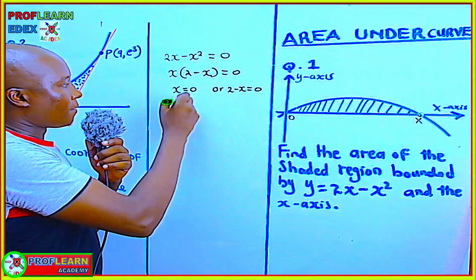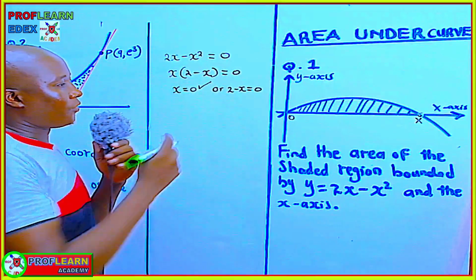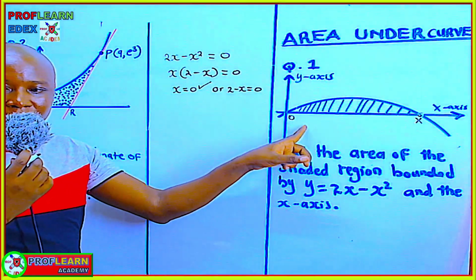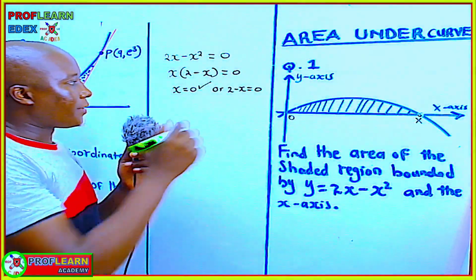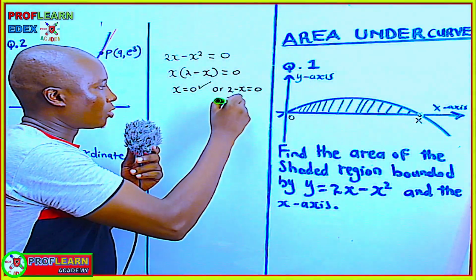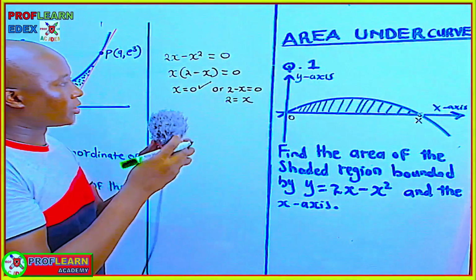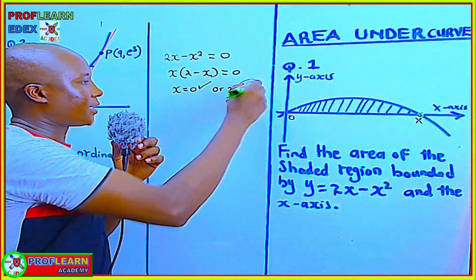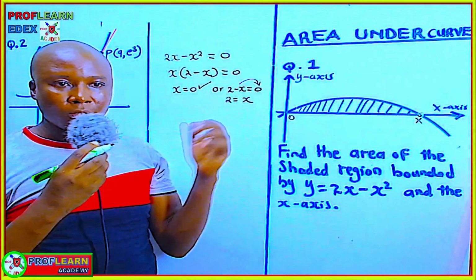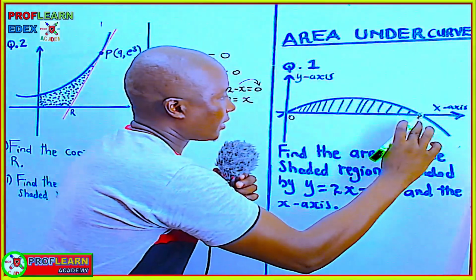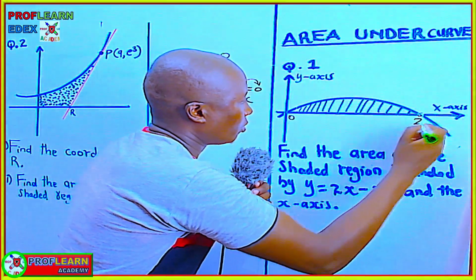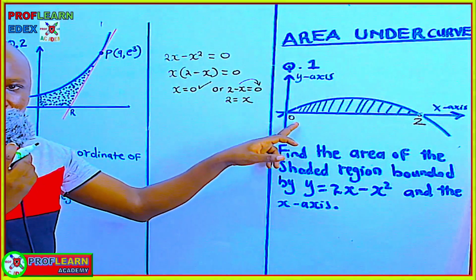So the first value of x is the value we have at this point, and the second value of x is 2, because if you take this x to the other side, you are going to have 2. Meaning this coordinate that we have here is 2 and this one is 0.